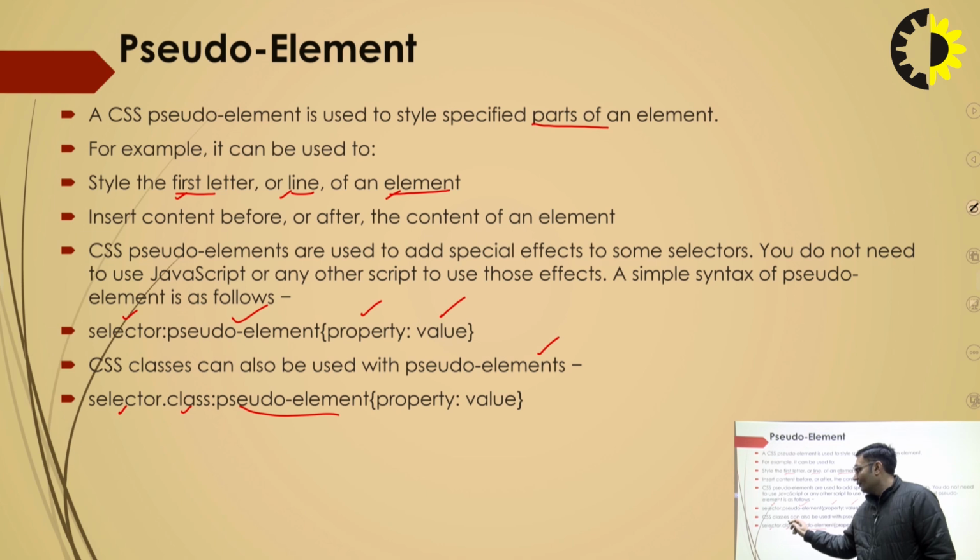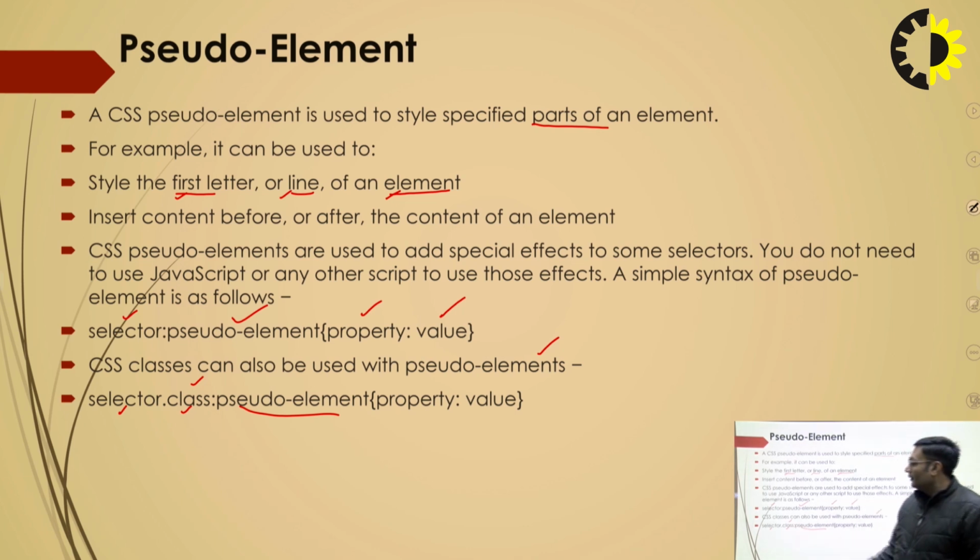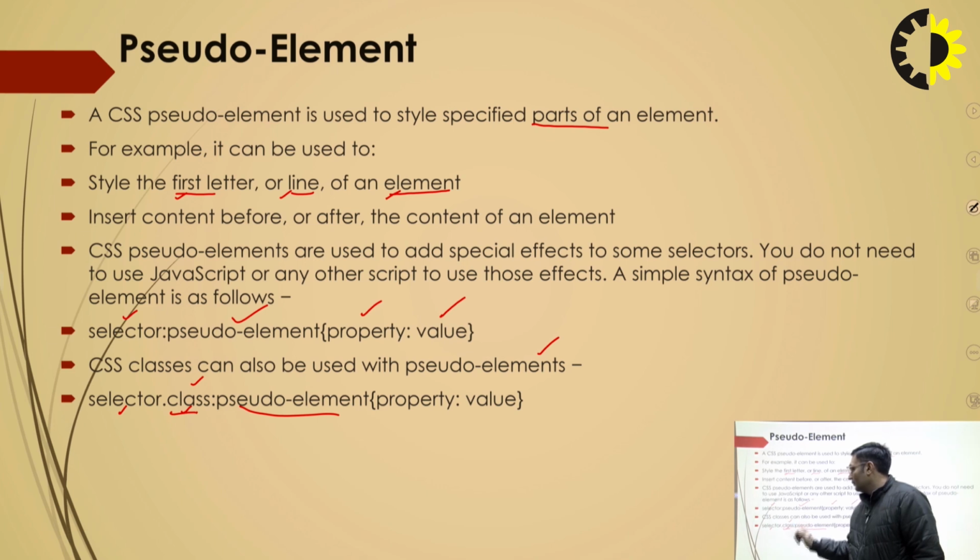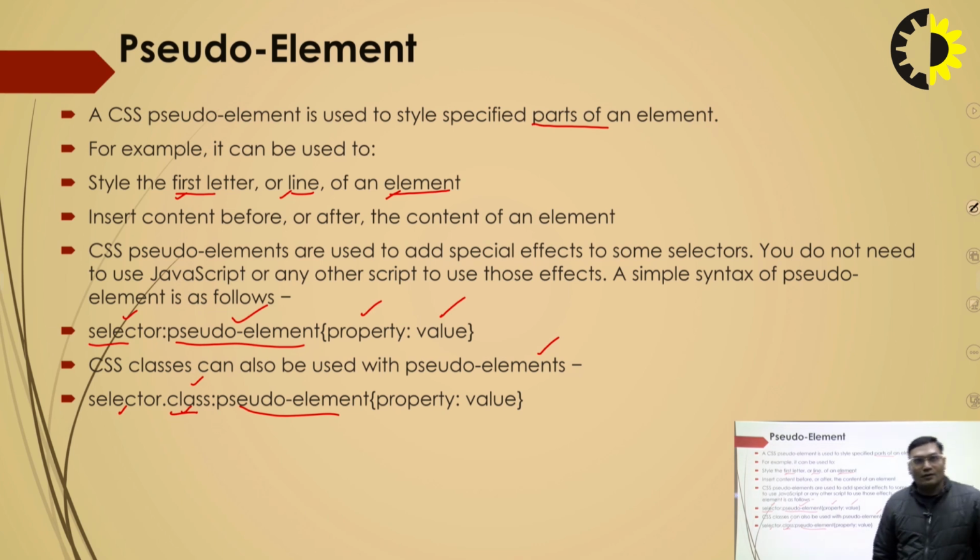So if we want to make a style with the help of a class name, we can write selector dot class, or in general if we don't use a class, we can write the rule as selector colon pseudo element, property colon value inside the curly braces. In this way we can write the pseudo element.